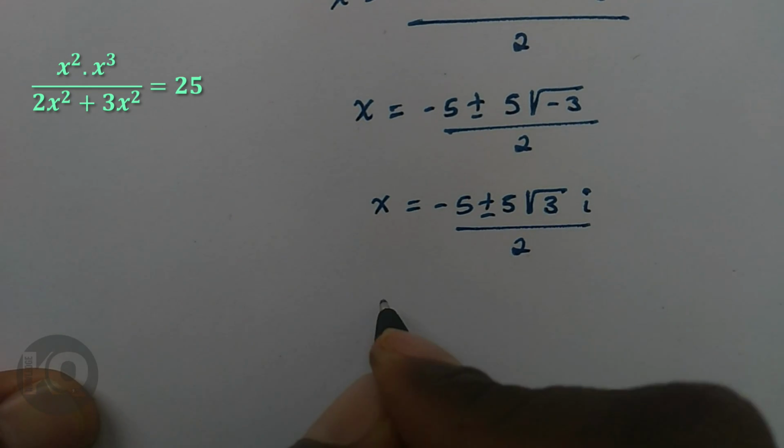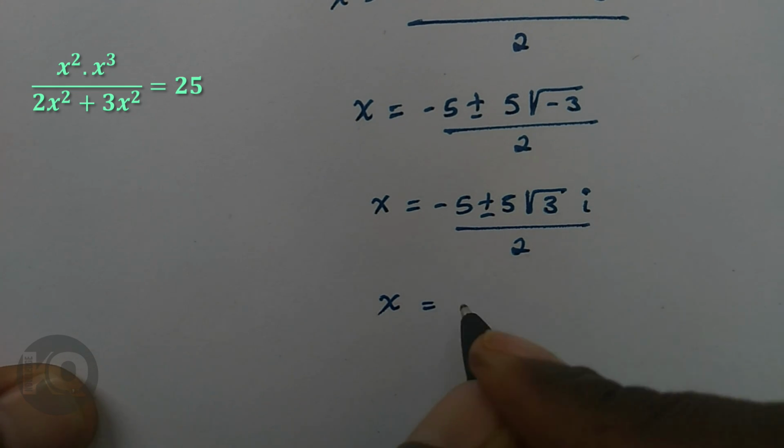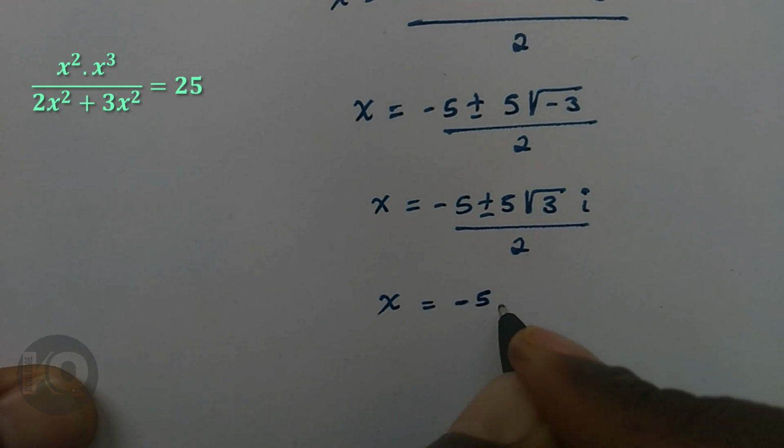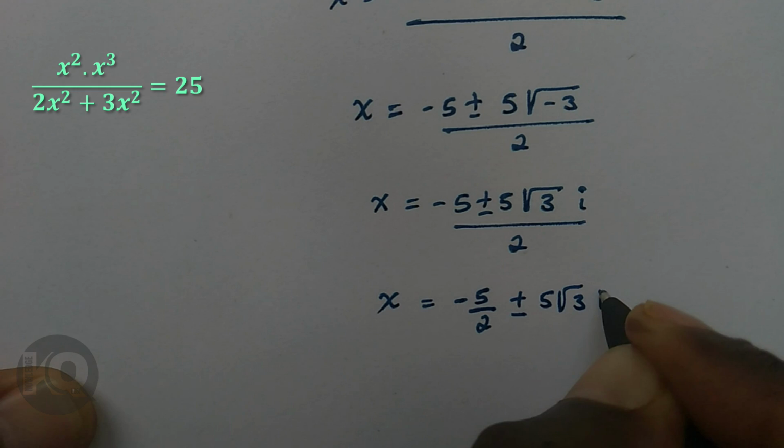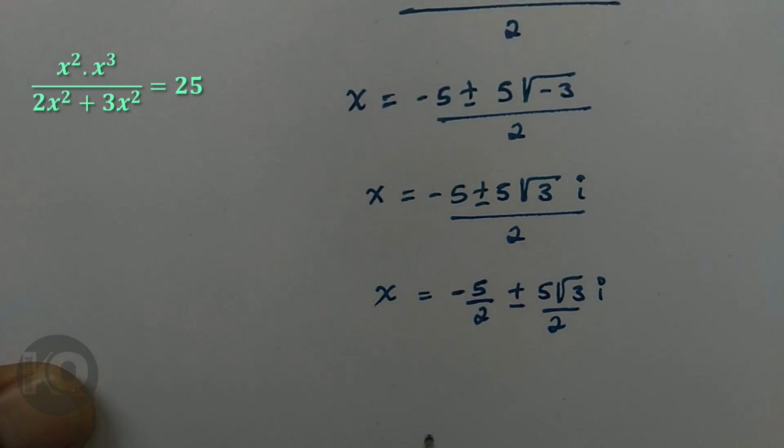So x is equal to minus 5 plus or minus 5 square root of 3 times i, over 2. So x is equal to minus 5 over 2 plus or minus 5 square root of 3 i over 2.